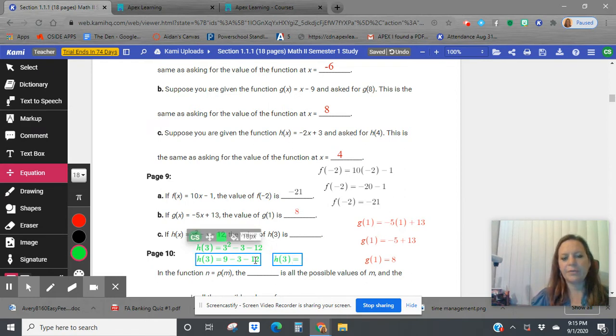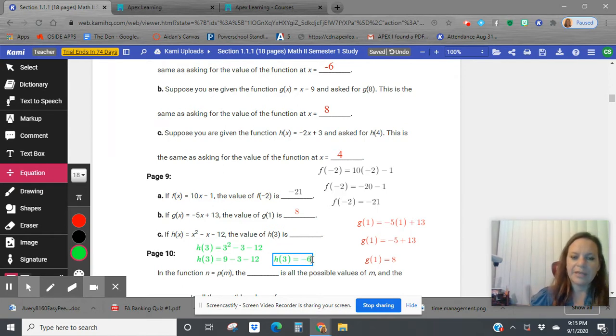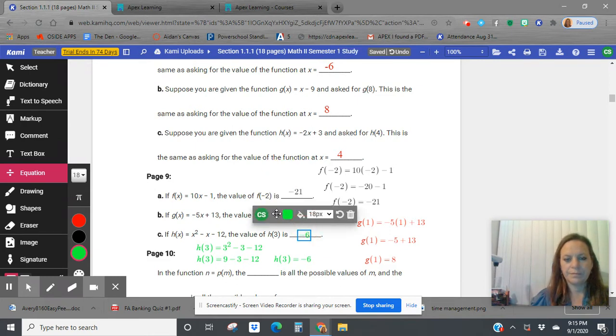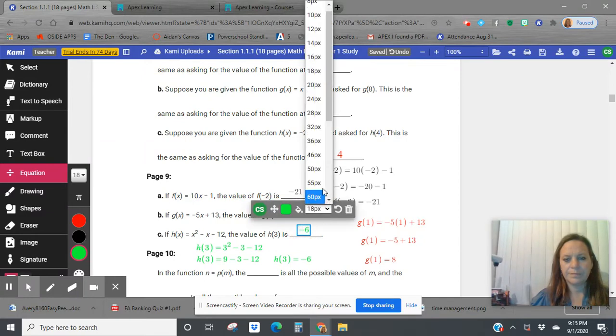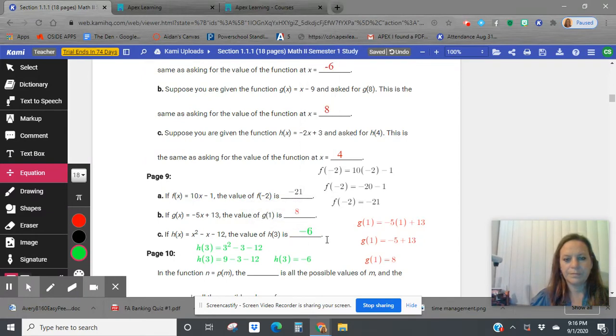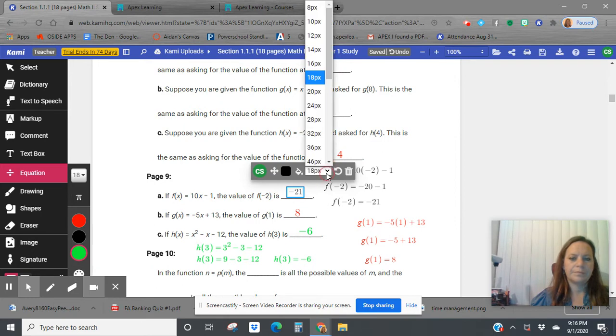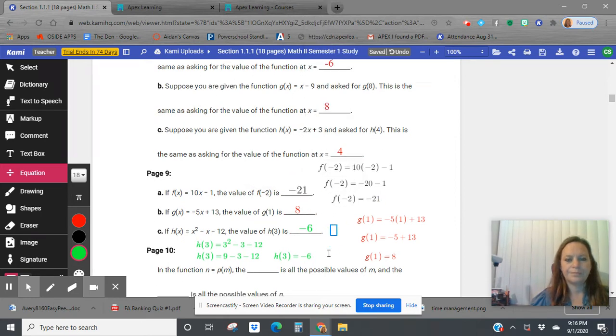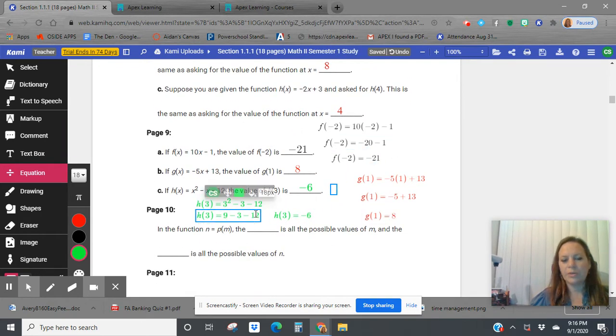So if I do the negative 3 minus 12 first and get negative 15 plus 9, my answer is going to be negative 6. So see all my work shown on these equations? This is from Math 1 evaluating functions.